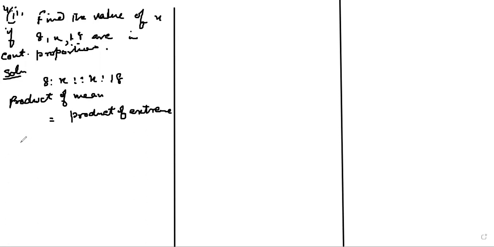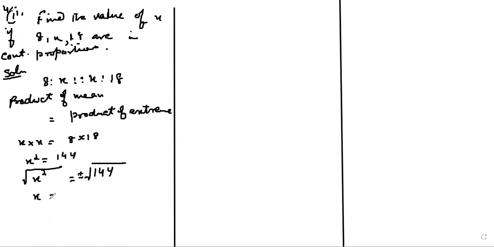It means that x times x equals 8 times 18, and it means that x square equals 144. Just taking the square root, we have square root of x square equals root of 144 with plus minus sign. So x is equal to plus minus 12, which is our required answer.